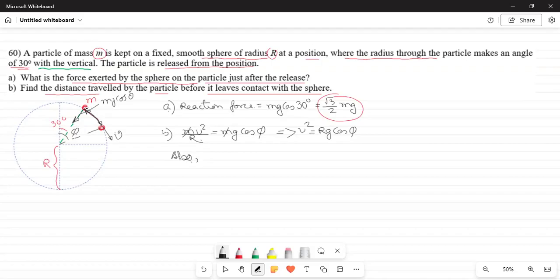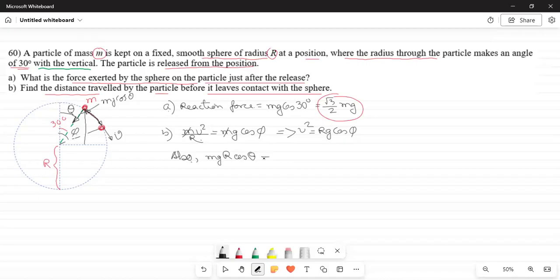Potential energy here is mgr cos 30 degrees, which is cos theta. It will be easier if we write theta, because writing 30 is sometimes a problem. mgr cos theta is the potential energy at the beginning.